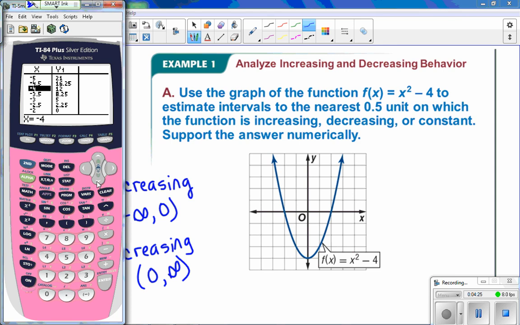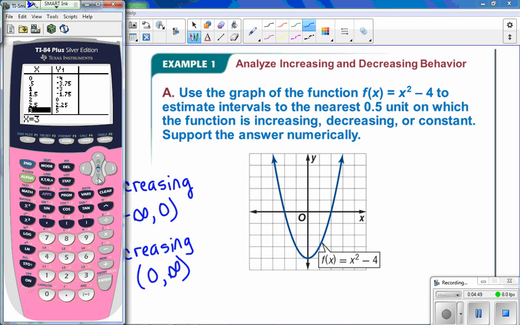You can see that those values are falling, and they continue to fall until we get to 0, where we had a negative 4 for the height of the function. And now as we continue to increase our values of x, notice what's happening to the values of y. Now they are actually increasing in value, and so now our function is increasing.